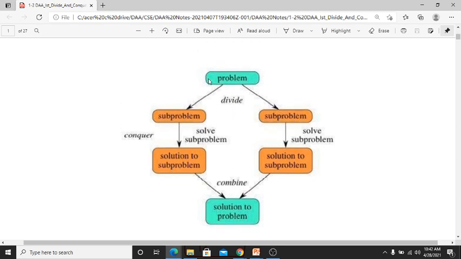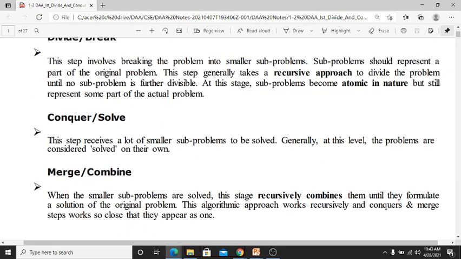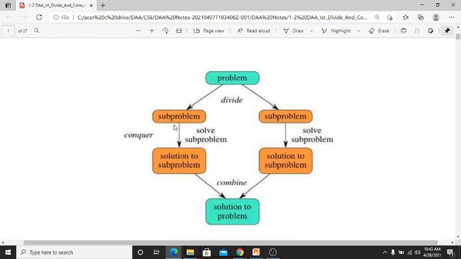First we have a problem, then it is divided into sub problems. Then the sub problems are solved individually, getting a solution to each one, like here we are solving the lowest problem by itself.